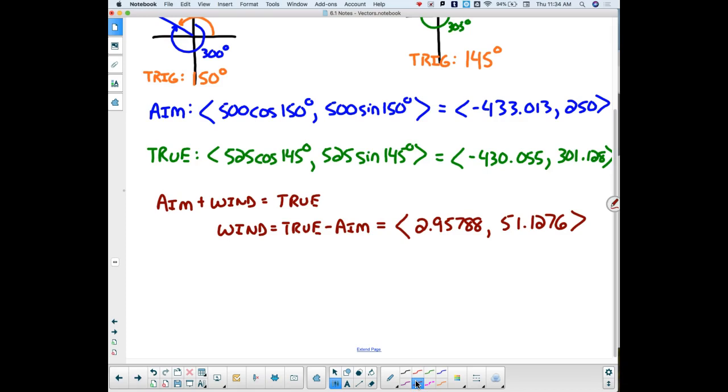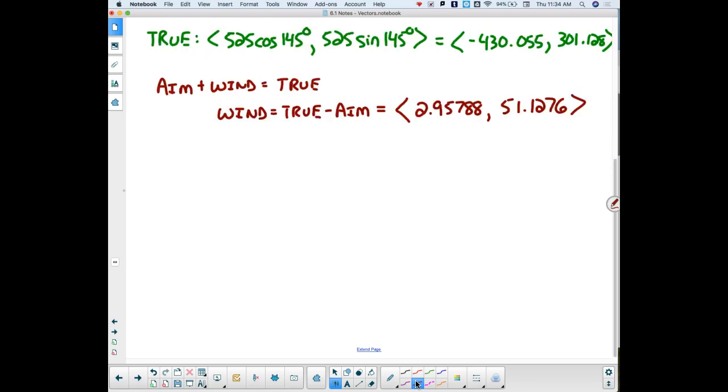Which quadrant are we in? We're in the first quadrant. Okay. How do I find the magnitude of my wind? Square those. Take the square root.